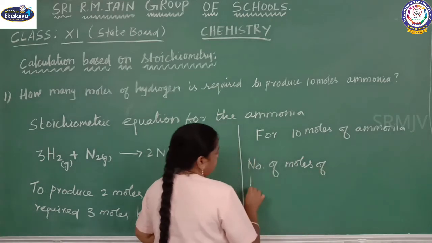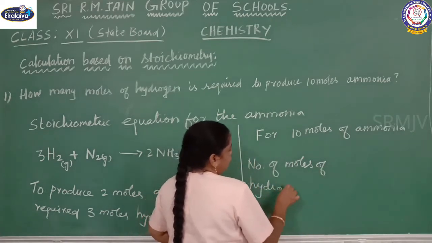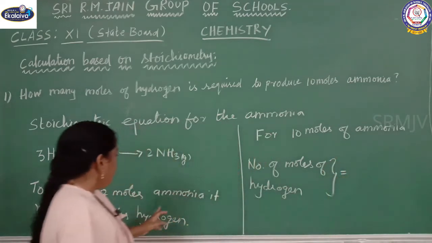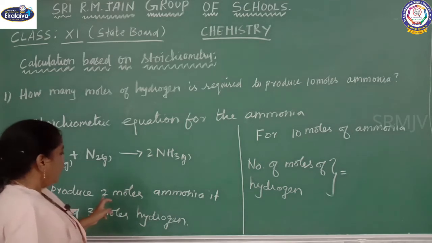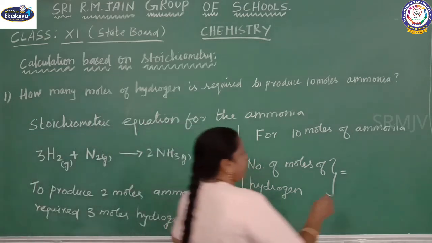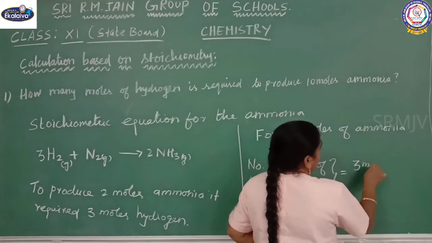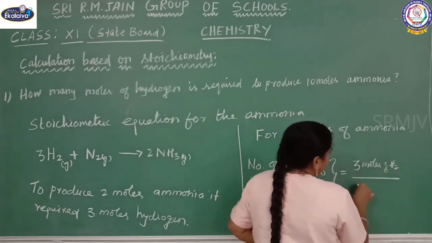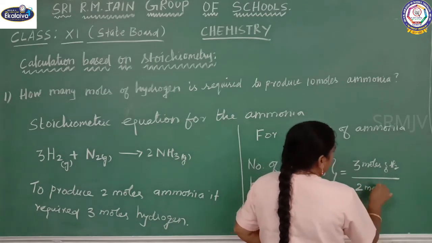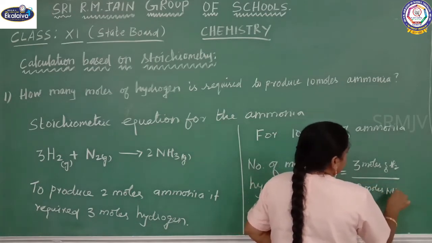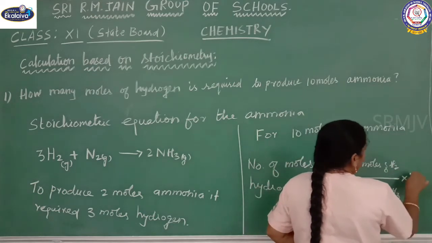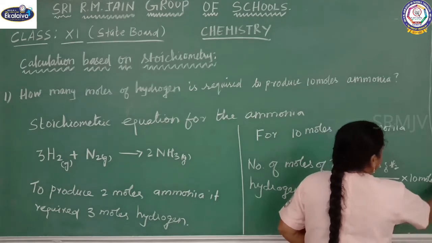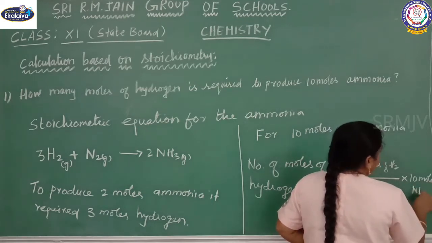of hydrogen required is equal to: 3 moles of hydrogen are required to produce 2 moles of ammonia, so to get 10 moles of ammonia, NH3.